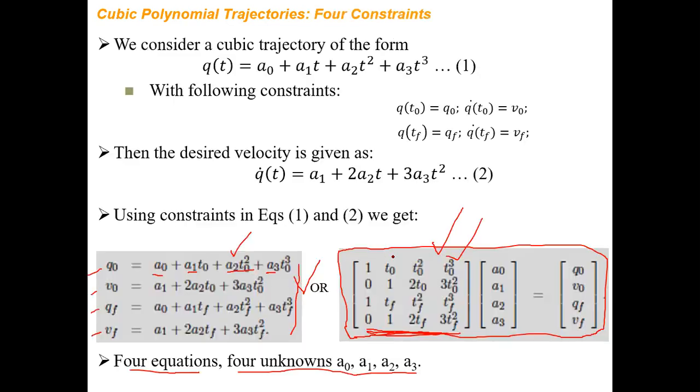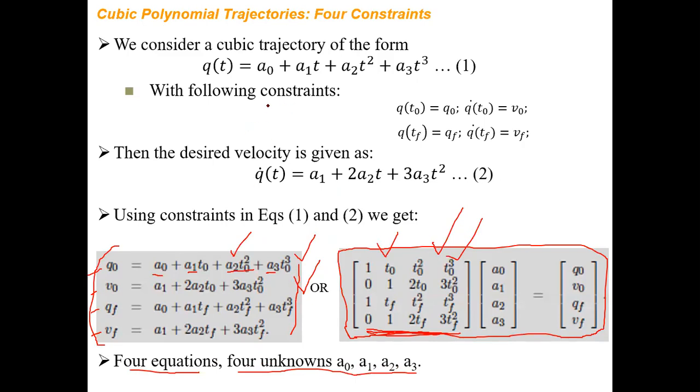It means the solution exists. The solution of this system of equations, where we have 4 equations, exists. So you can find the 4 unknowns, which are A0, A1, A2, A3. Now you can solve these equations and find A0, A1, A2, and A3.